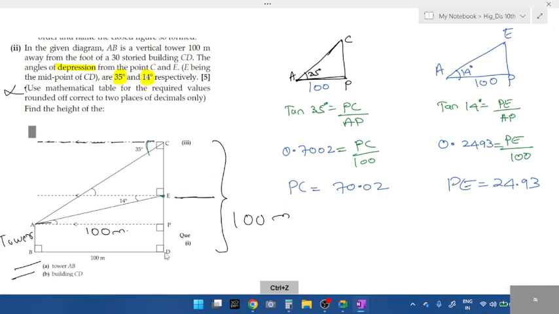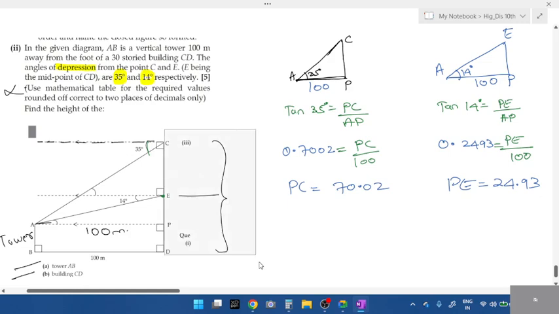Now I'll tell you how to calculate. Look here, E is the midpoint, students. I'll draw a line. Look at the calculation. PC is given. What is the PC value? 70. Okay, PC is required. What is the PC value? 70.02.